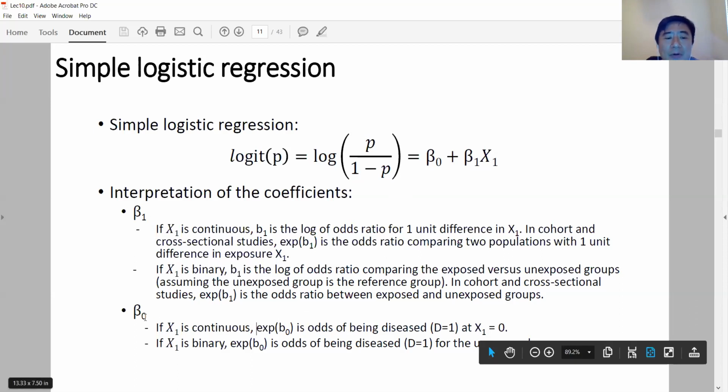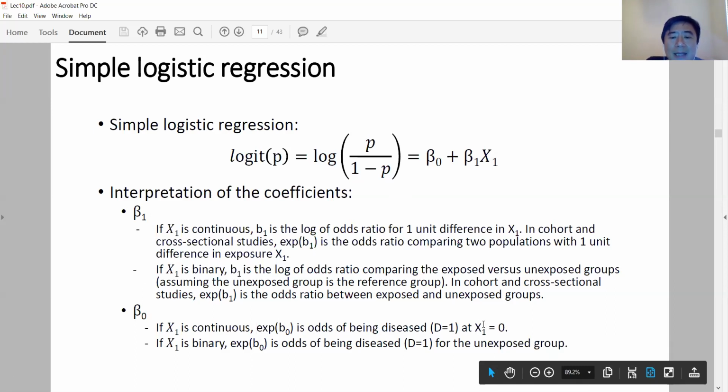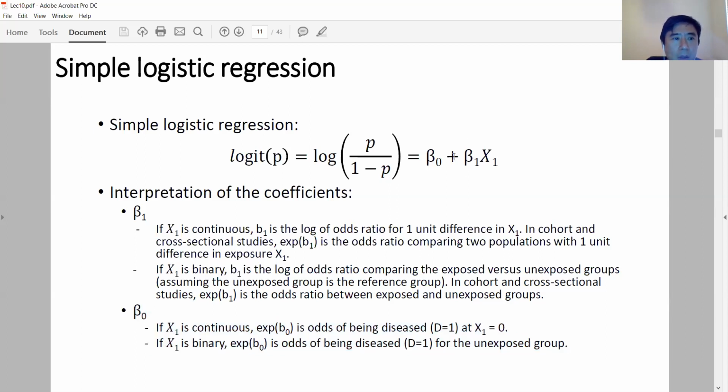So remember, beta 0 is not interpreted as the odds ratio, it's interpreted as the odds. And we call this baseline odds. The reason we call it baseline odds is it's always the odds for a continuous variable equal to 0, or if x1 is binary, this is the odds of being diseased for the unexposed group. So that's the interpretation for beta 0 in the simple logistic regression.